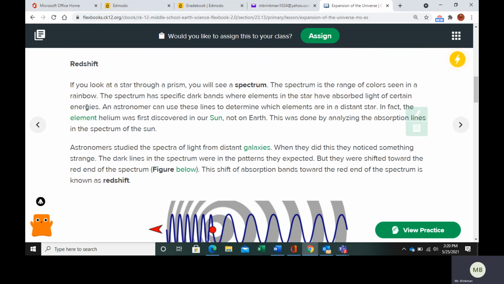An astronomer can actually use these lines to determine which elements are in a star. In fact, they discovered helium in the sun first, not on Earth. The way they did that was by analyzing the absorption lines in the spectrum of the sun.